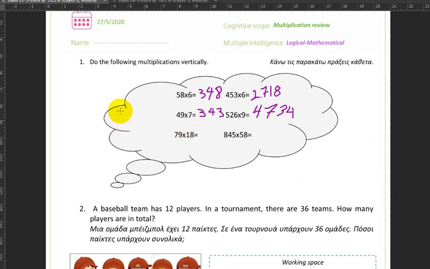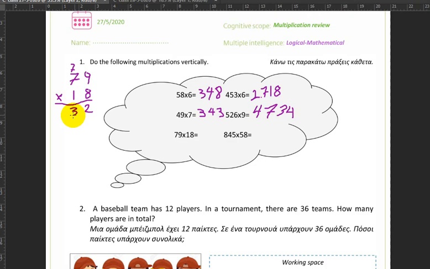Next we have 79 times 18. 8 times 9 makes 72. I write 2 and carry 7. 8 times 7 makes 56, plus 7 that I carried over makes 63.